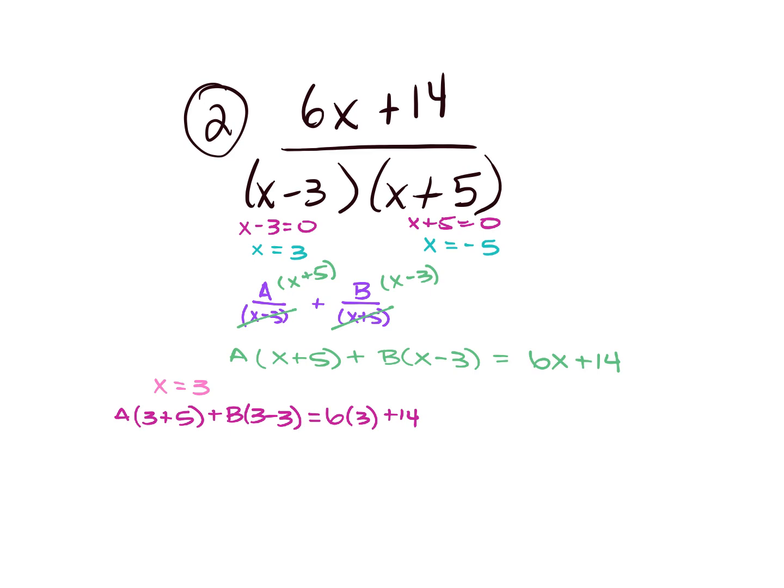Your 3 minus 3 is 0, so that cancels out your b term. 3 plus 5 is 8, so that's 8a is equal to 6 times 3 is 18 plus 14. Your 18 plus 14, the 4 and the 8 give you 12. Carry the 1, so that's 8a is equal to 32. Divide each side by the 8, and you get that a is 4.